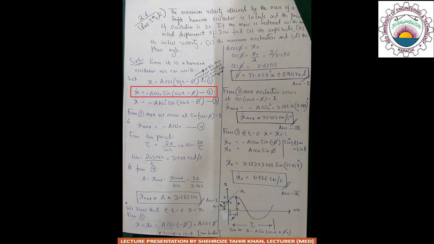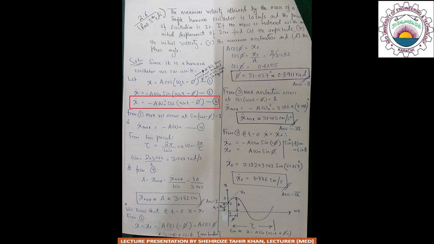Again, by taking the time derivative of this velocity function, we get x double dot is equal to minus a omega n square into cos of omega n t minus phi. The third equation is the function of acceleration.